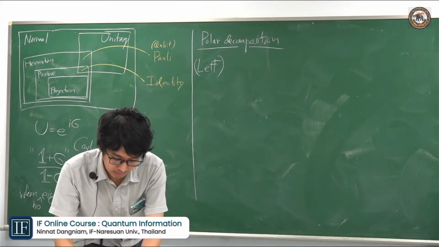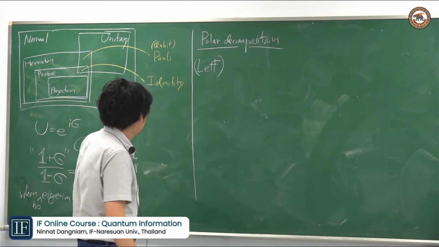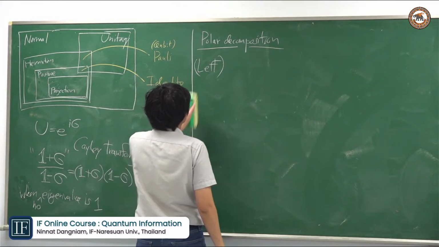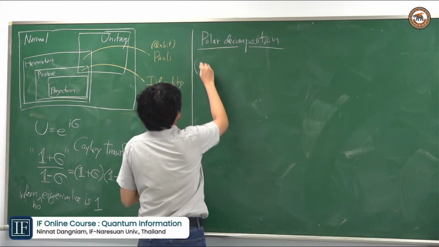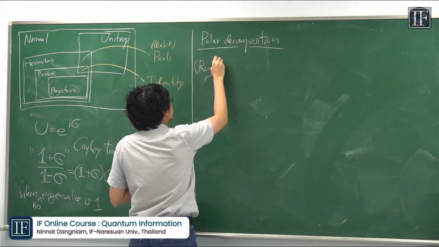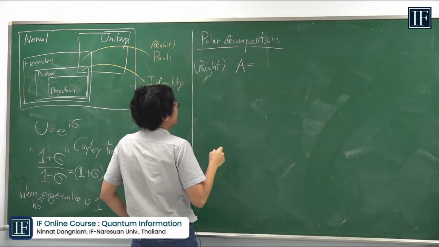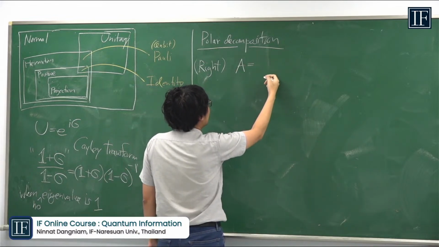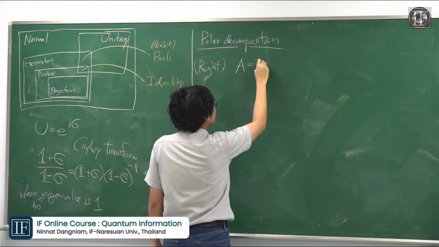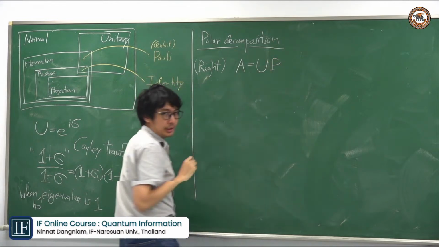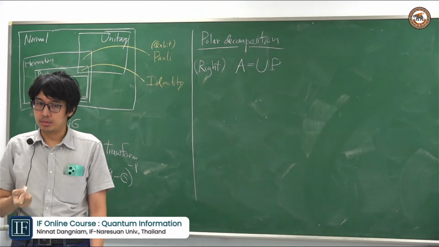Yeah. Let's do the right one. So for any linear operator, you can write it as a product of a unitary operator and a positive operator.